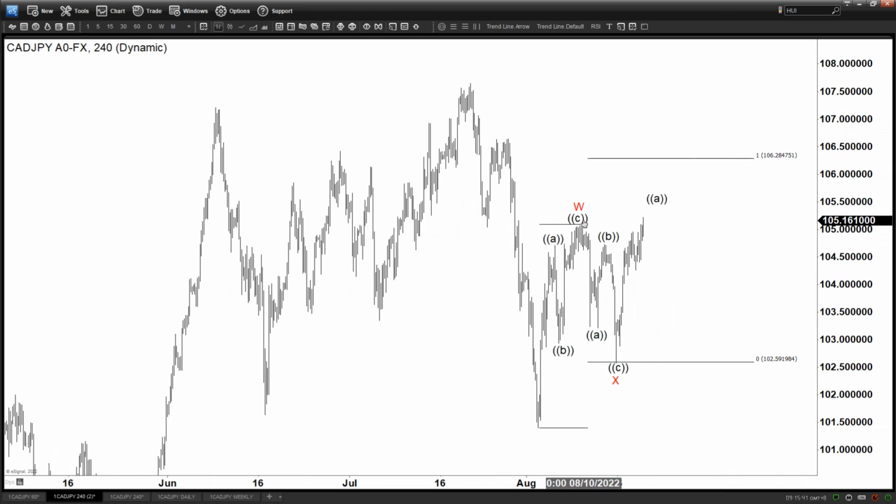I mean, because it is corrective. So we should be looking for something like this and then higher. Now, what are the options? Well, a couple of options.